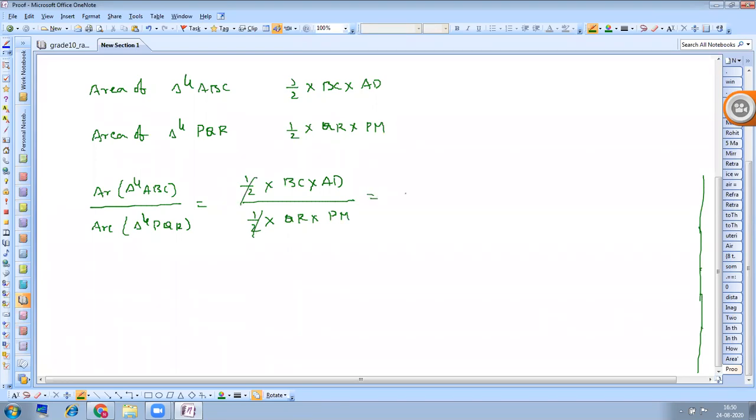This will be BC by QR into, I can write, AD by PM, because AD and PM are the altitudes, and BC divided by QR is one of the corresponding ratios. So from the given data, this BC by QR can be replaced with what kind of ratio?